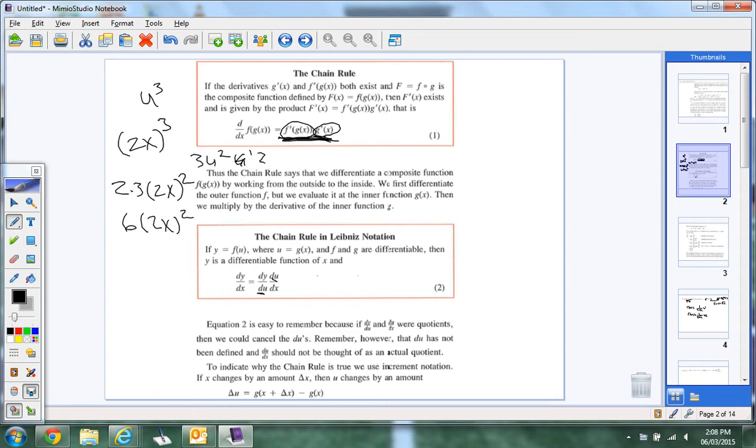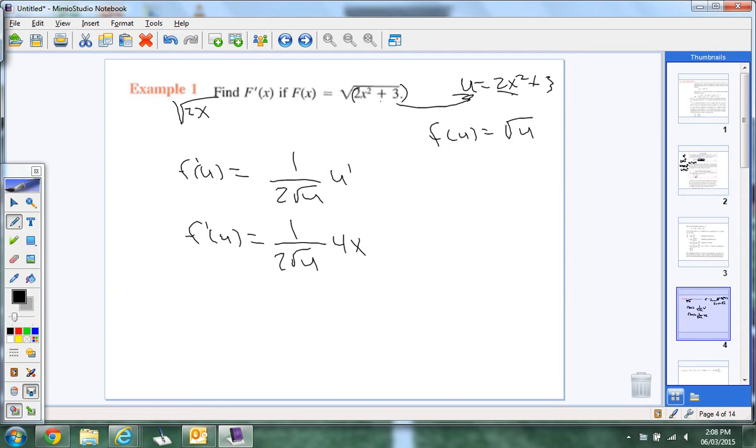Couldn't you just, on the root x, put it to the power of 1/2, and then times the 1/2 by whatever the derivative of the u is? Yes. Right. So as of right now, you don't need the u because it's fairly simple. Things will get more difficult.